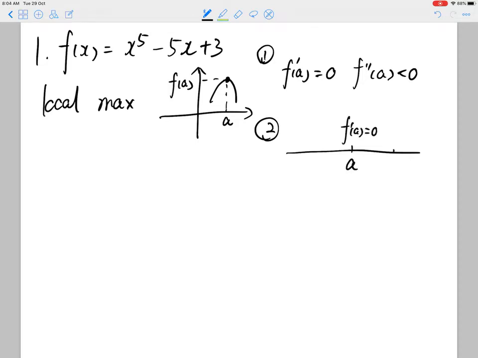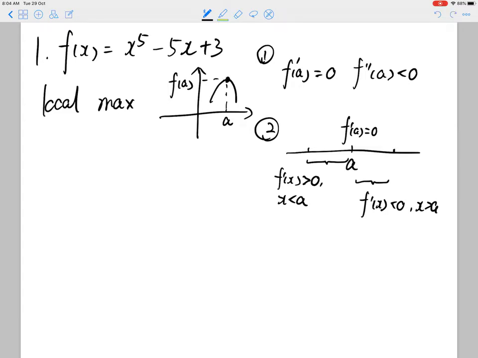When x is greater than A, you can see from the graph that the function is decreasing, so the derivative is smaller than 0 when x is greater than A. And for this part, the function is increasing, so the derivative is positive when x is smaller than A. So there are two ways to define a local maximum. Let's use the first way.